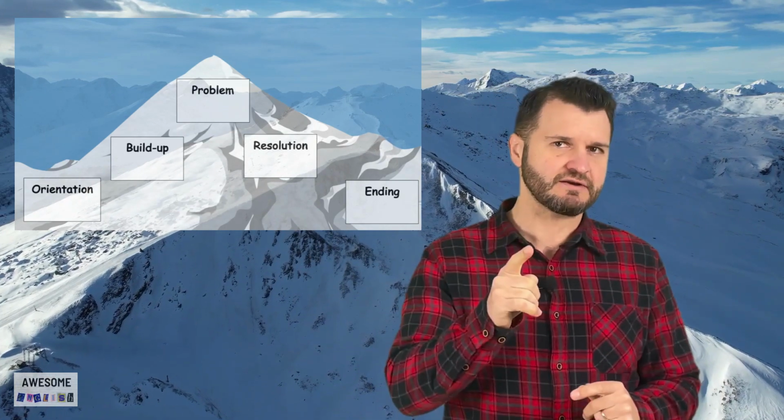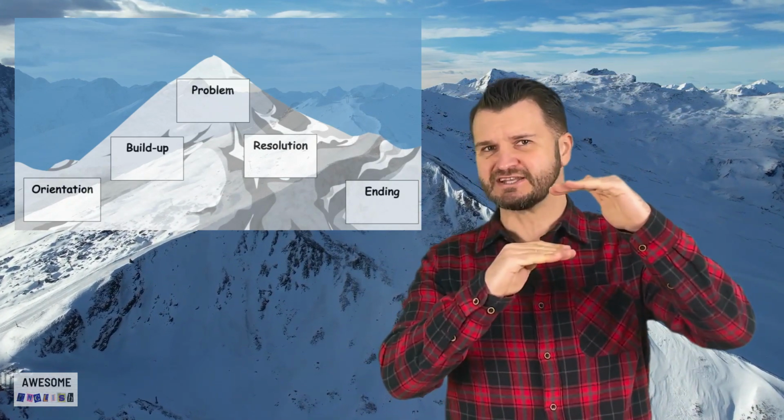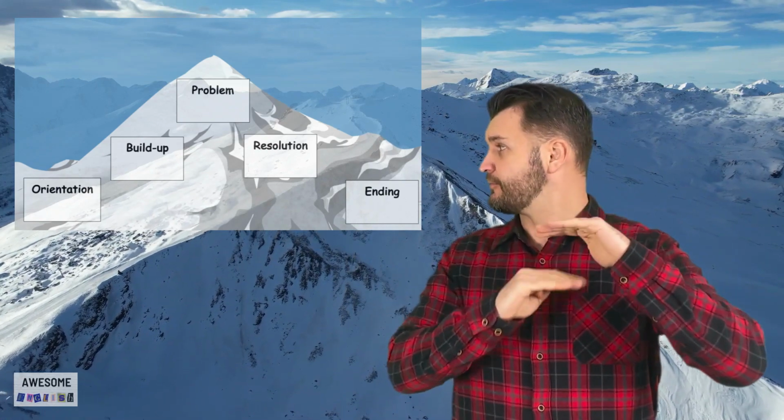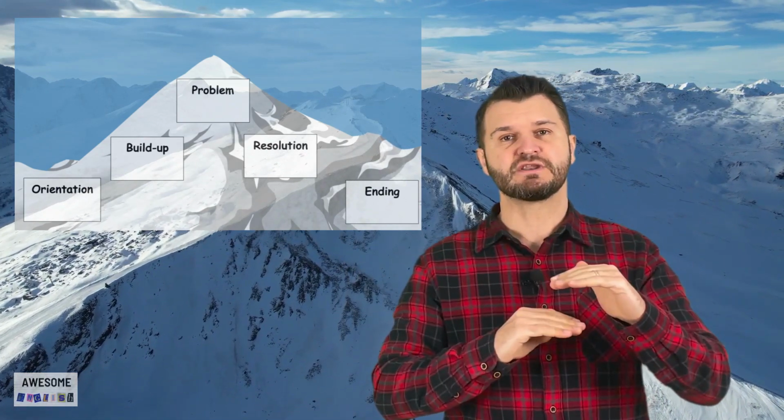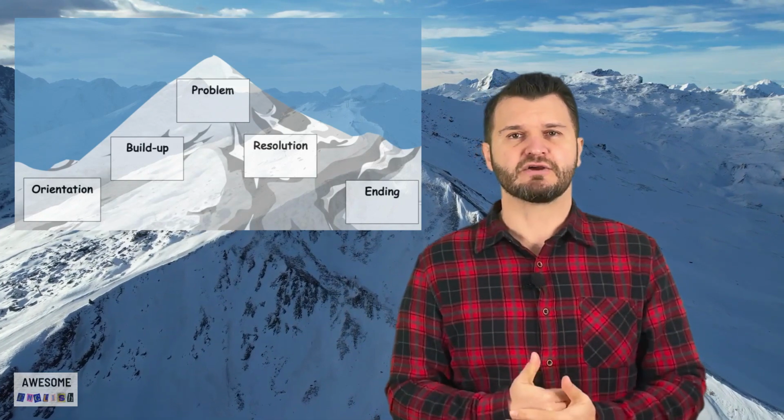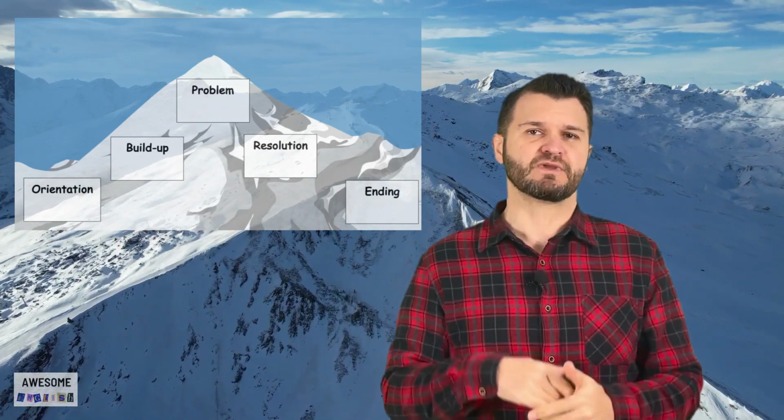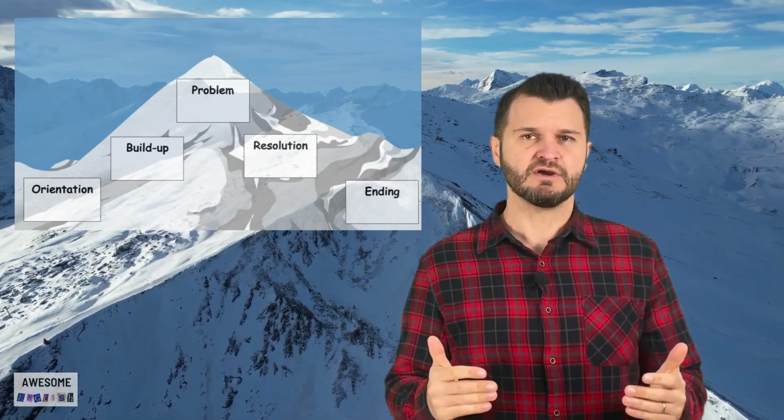So did you get all that? It's orientation, build up, problem, resolution, and ending. Now if you're writing your story in class or at home, you're going to want to write at least 1 paragraph for each of those sections. All right, let's keep going.